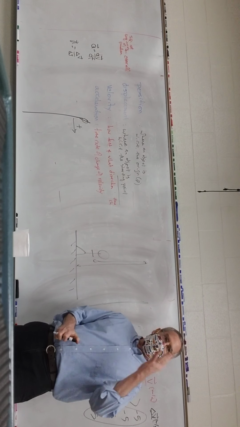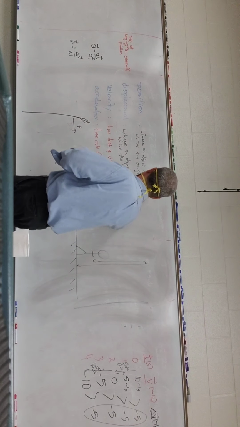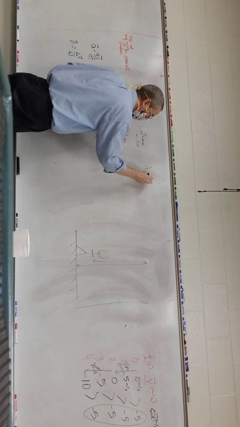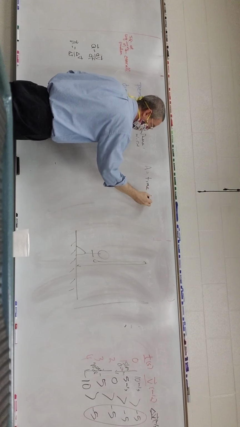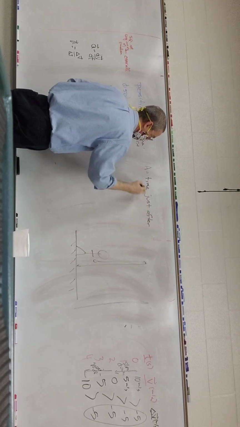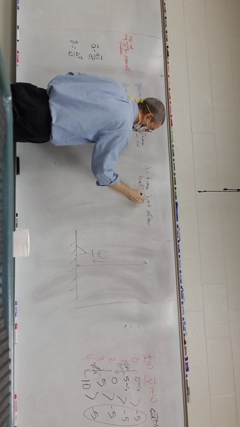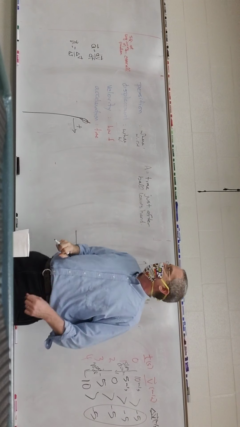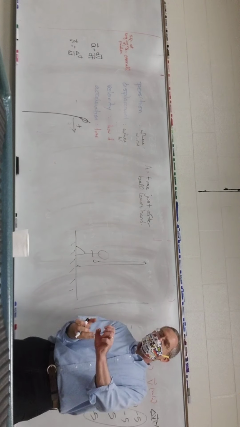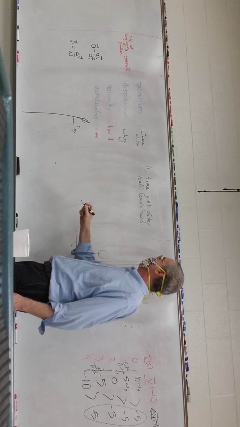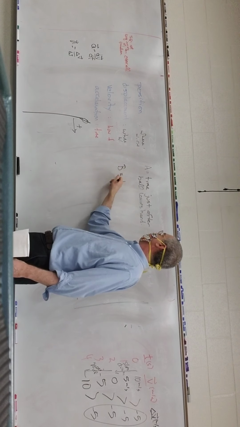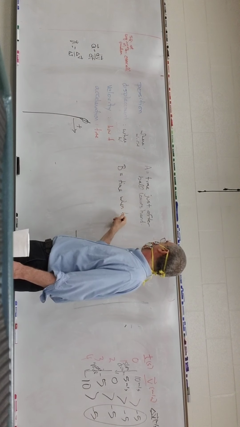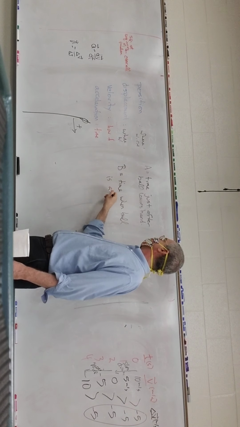I'm going to define 4 times here. A: time just after ball leaves hand. So as soon as the ball leaves the hand, that's when time A is. Time B: the time when ball is at the peak.